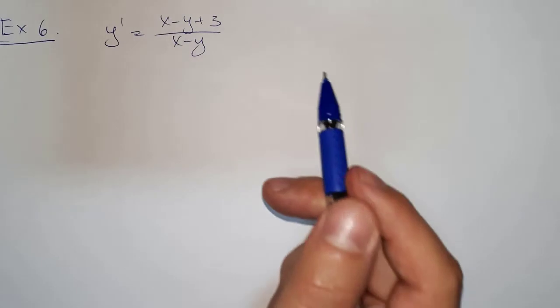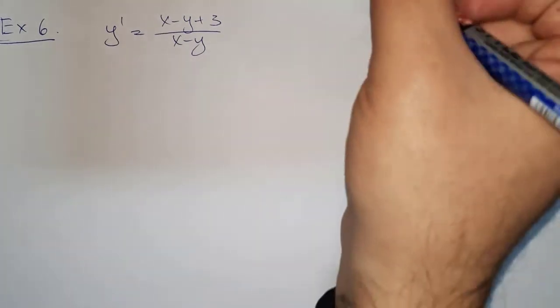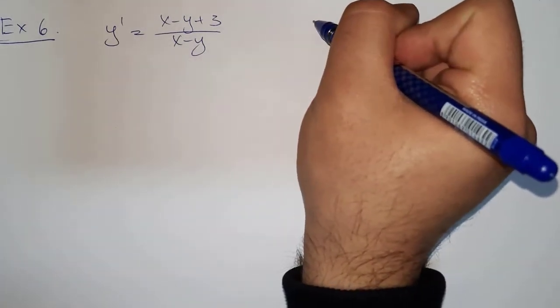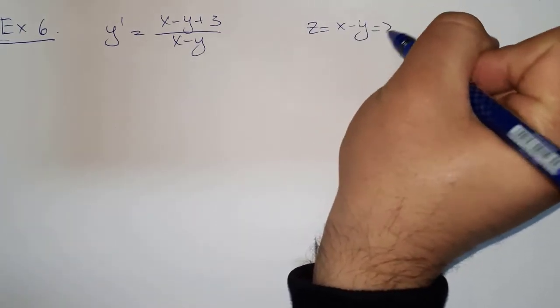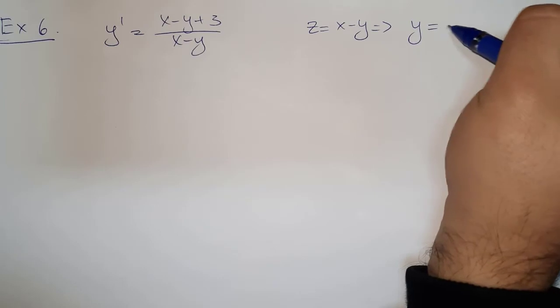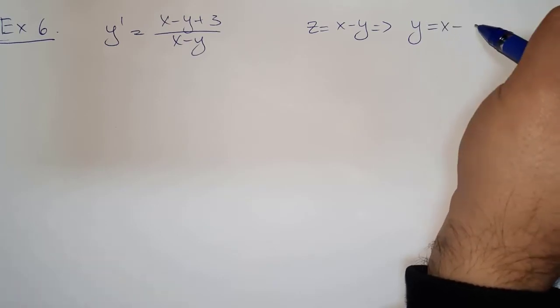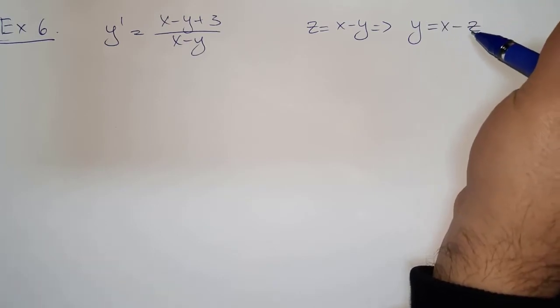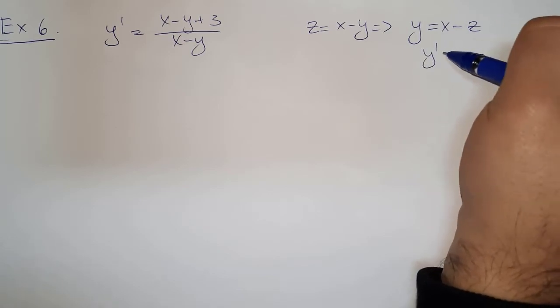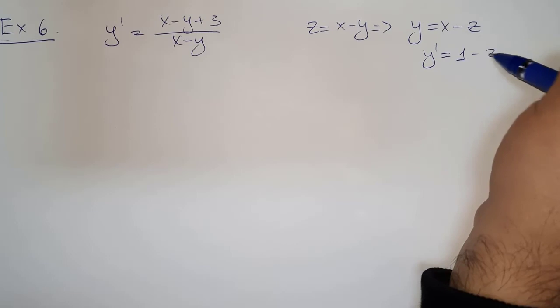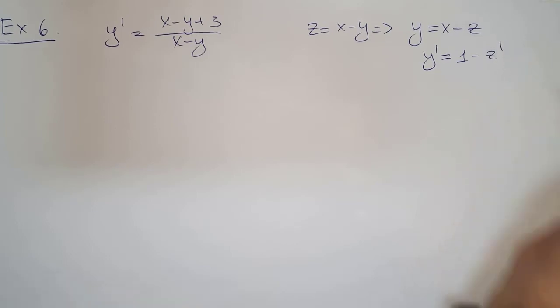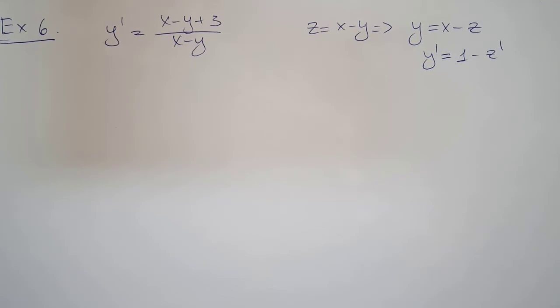So now we can do a change of variable: z is x minus y, or y is now x minus z. Hence x prime is 1 and the derivative of z is just z prime. So z is a function depending on x.